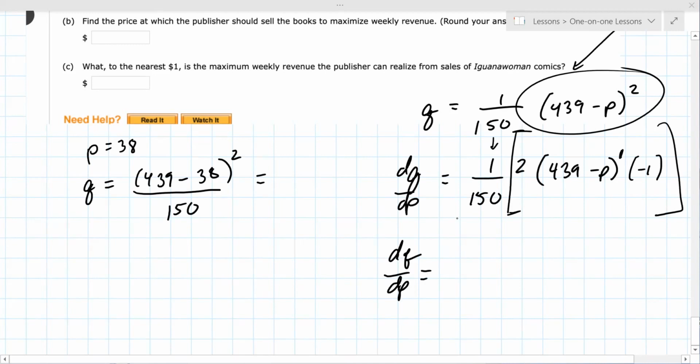I always encourage you to try these as well, just to see if you're getting the same numbers.